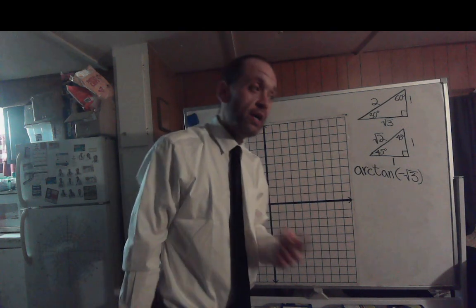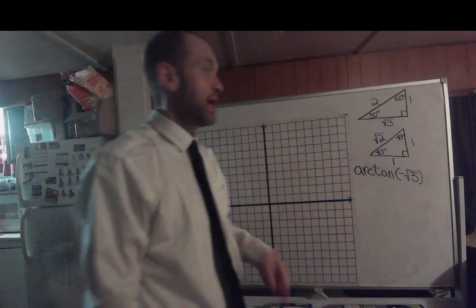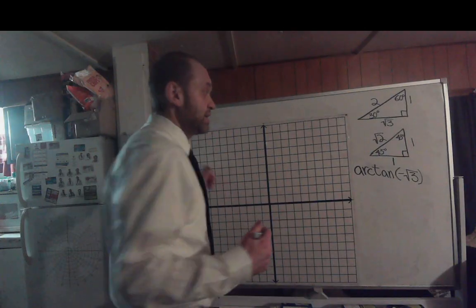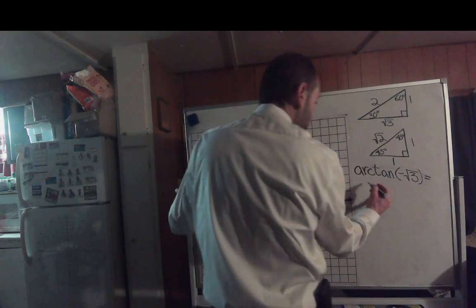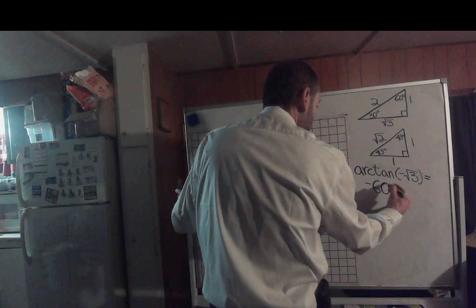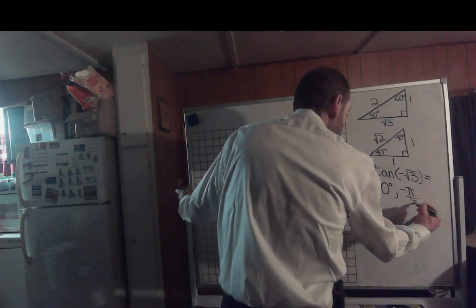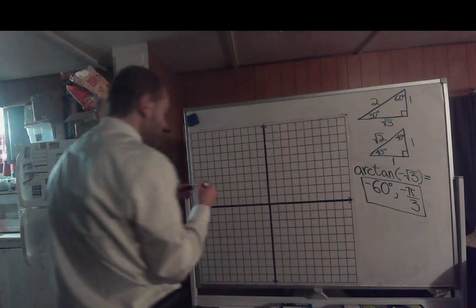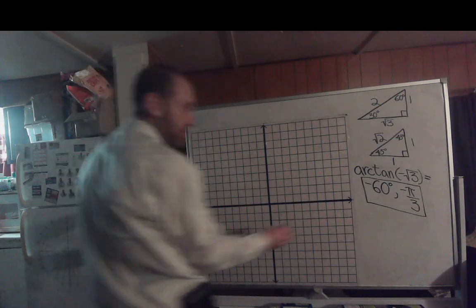That's negative pi over 2 to pi over 2, so we're going to have to be in the fourth quadrant. So the value of this is going to be a negative 60-degree angle, or negative pi over 3 radians. Negative 60 degrees, or negative pi over 3 radians.